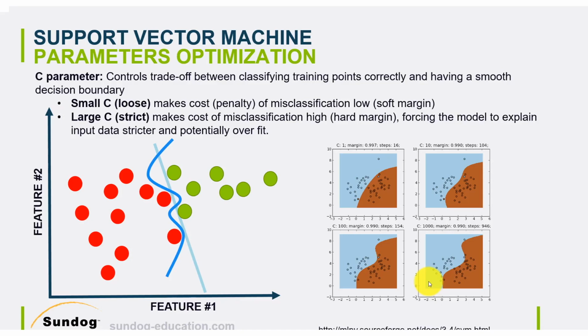You have to come up with a sweet spot depending on your application. Obviously, I don't need C to be very large, because then you get what we call overfitting. You overfitted the data. The model doesn't understand anything but the training data. It can draw a specific, clear boundary between these two classes, and that's all it knows. Once you come up with a new image or a new point, it doesn't understand it.